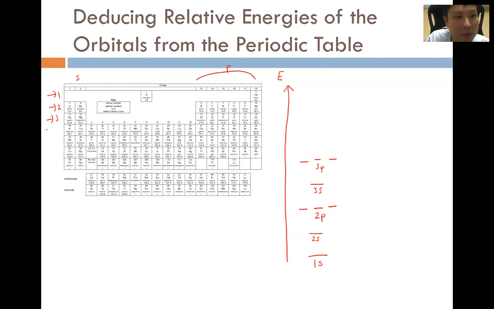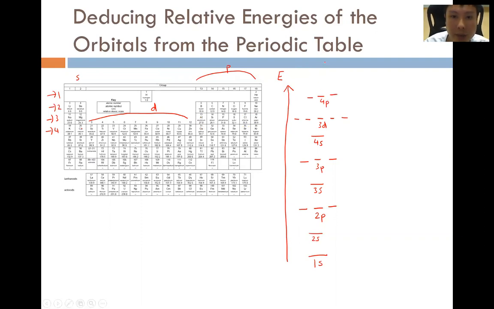and then after that, 4s, followed by here, which is the d orbital, 3d. And remember the 3d orbitals come in a set of 5, so 1, 2, 3, 4, 5, before going to the 4p orbital. And the 4p orbital, there's a set of 3.